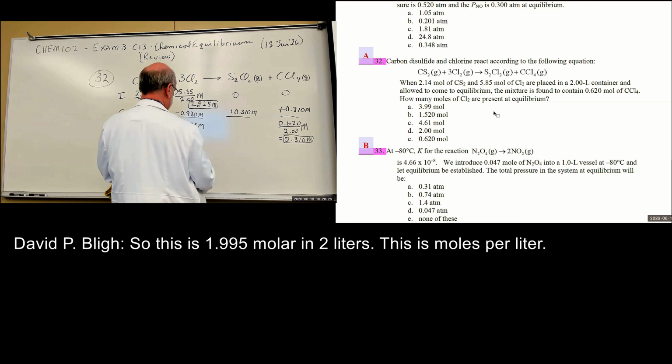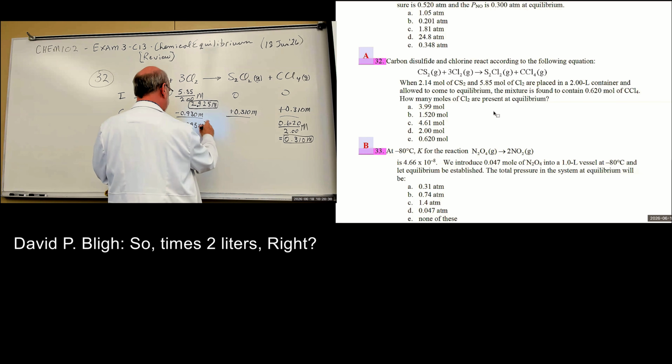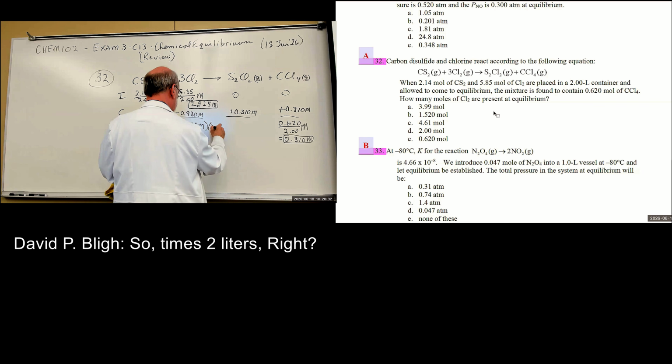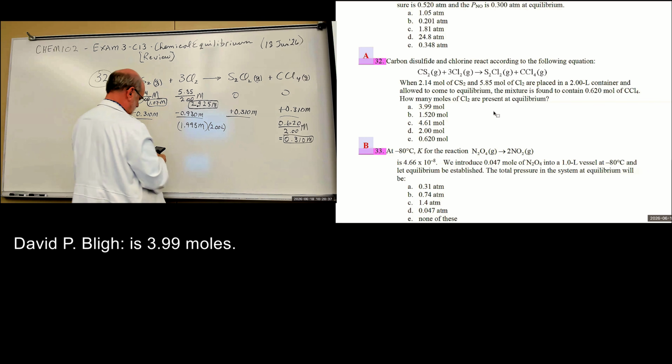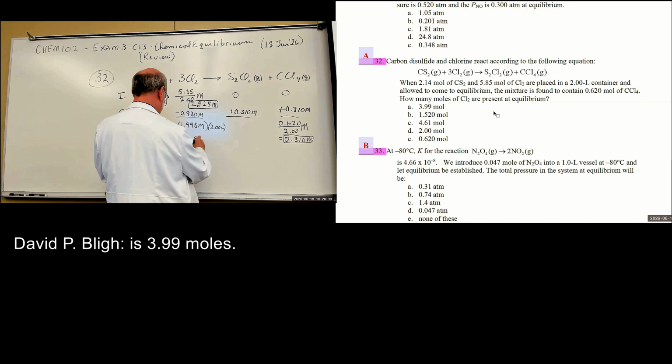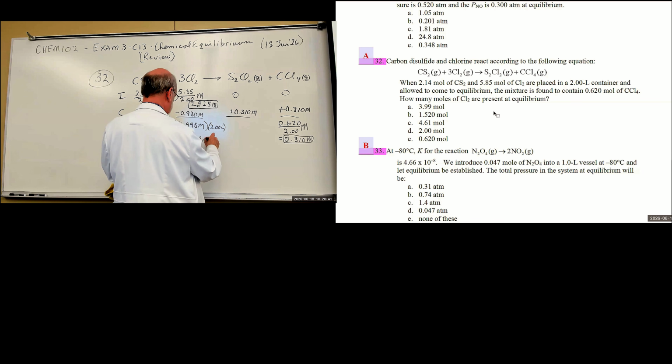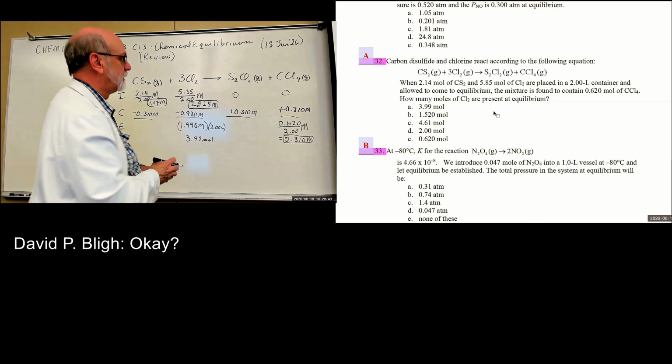This is moles per liter, so times 2 liters is 3.99 moles.